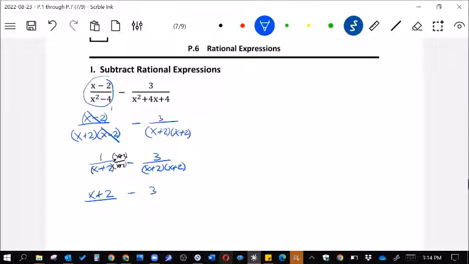Now, because the denominators are all the same, I can just do x plus 2 minus 3, so that means 2 take away 3 is negative 1. So it's x minus 1 over x plus 2 and x plus 2. Doing it as x plus 2 squared would have been acceptable too here.